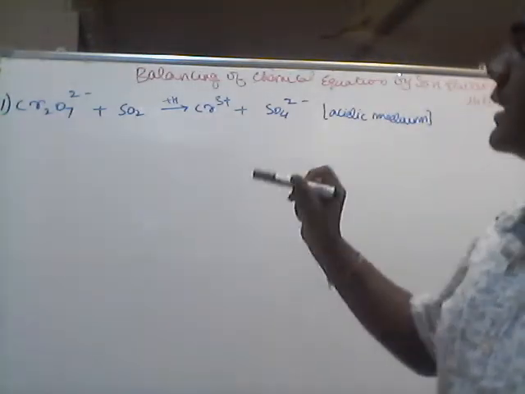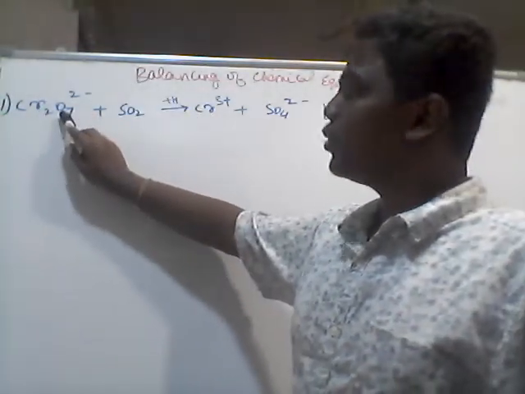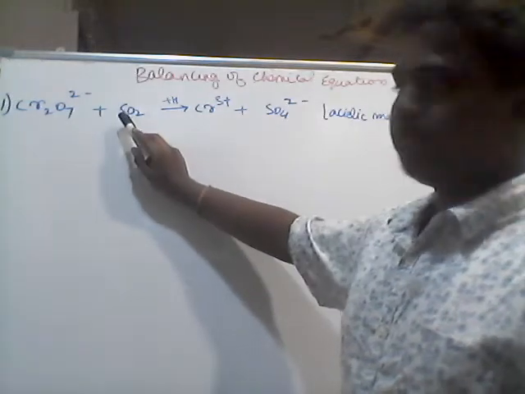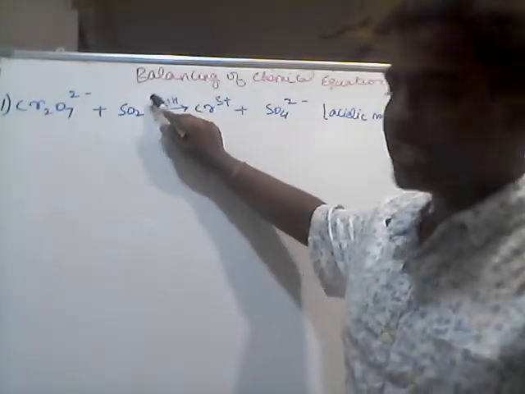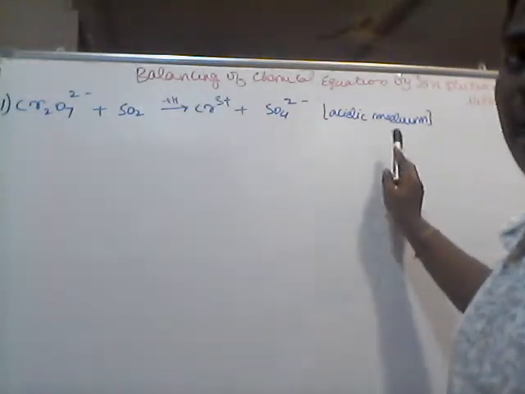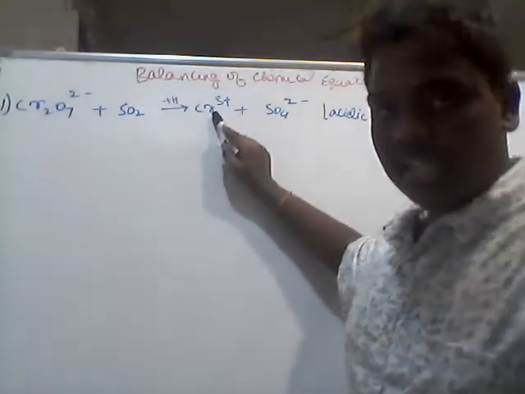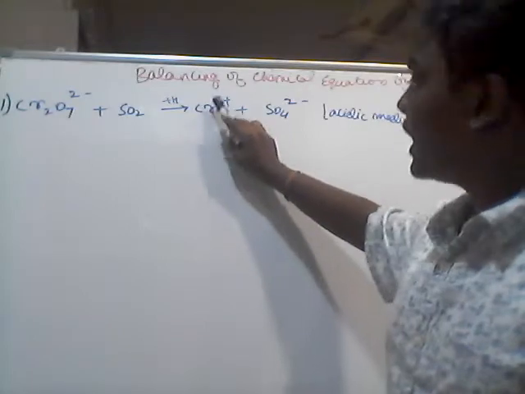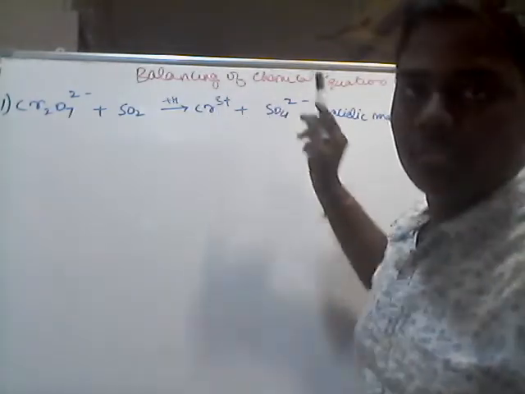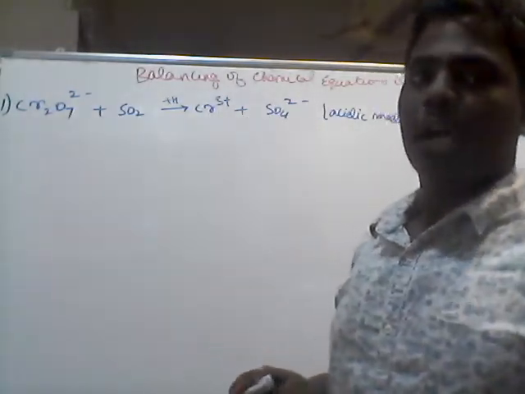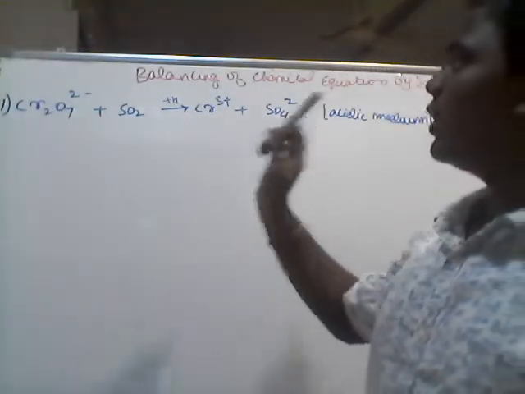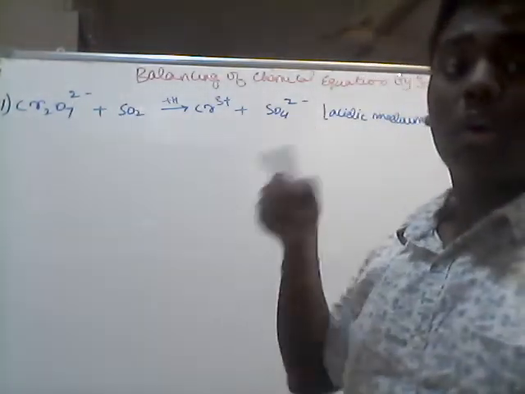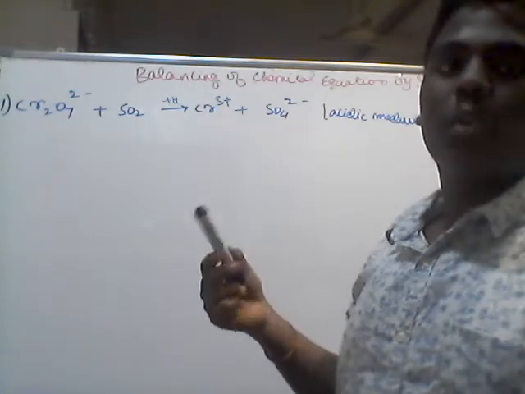The equation given to us is Cr2O7 2- plus SO2, in acidic medium, because it is H+ medium, giving Cr3+ and SO4 2-. First, the basic step is to find which element is undergoing oxidation and which is undergoing reduction.